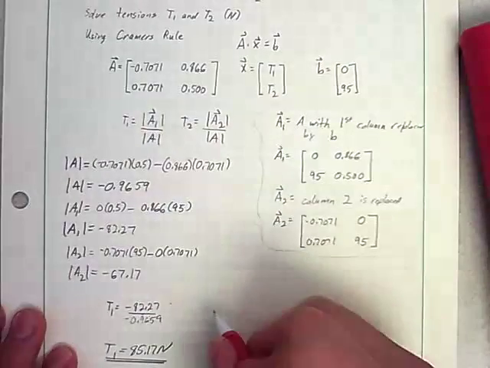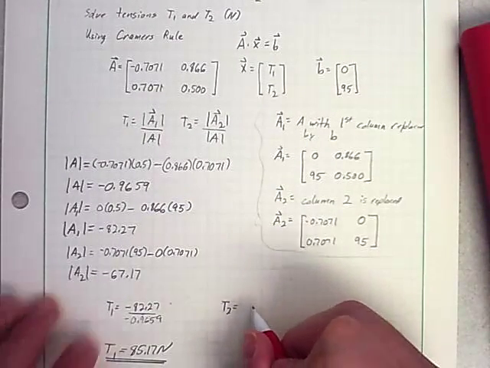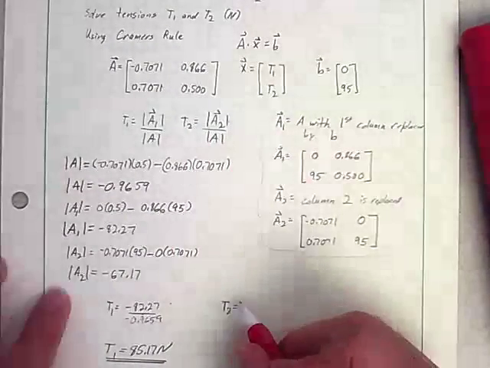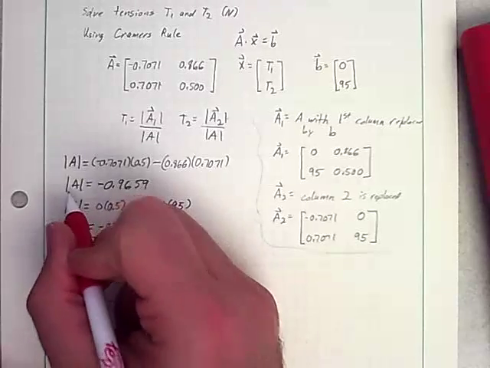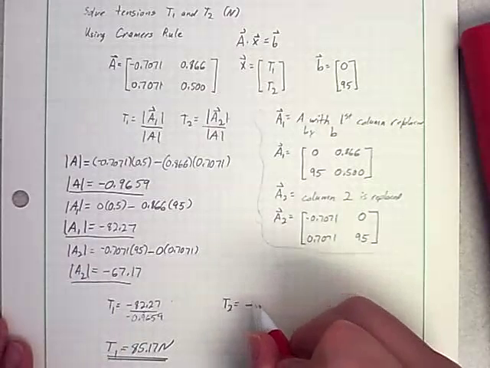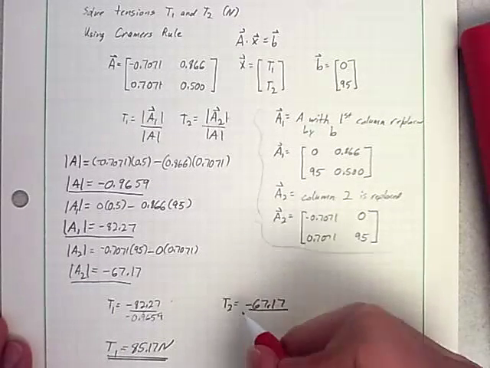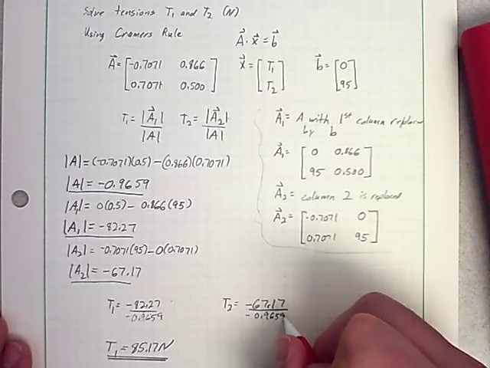And for T2, it's the determinant of A2, so it is, let's underline these so that we know those are the ones we had to pull. It's negative 67.17 divided by negative 0.9659.